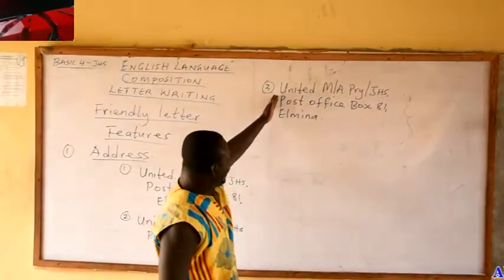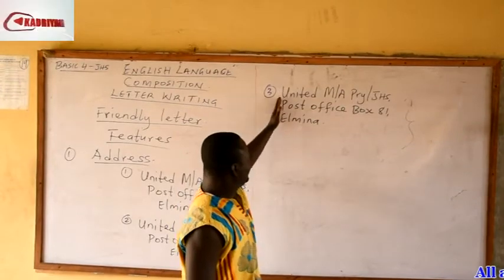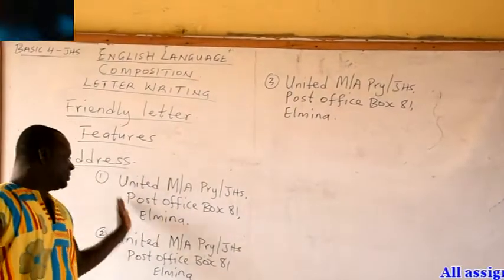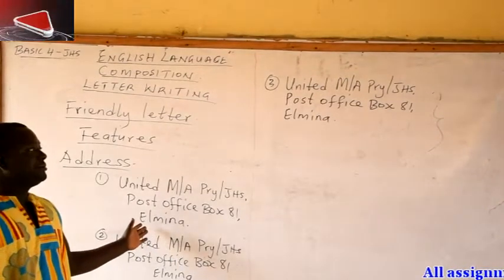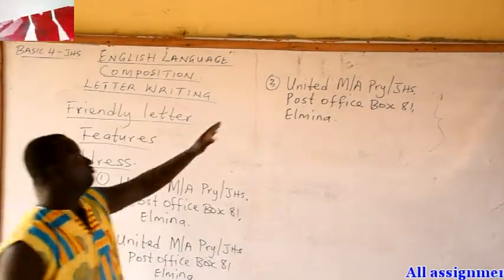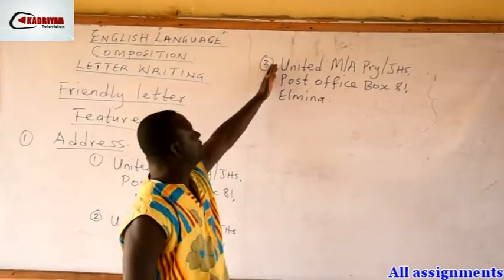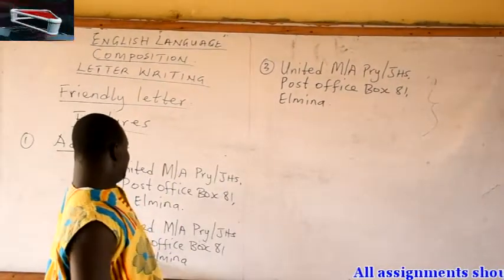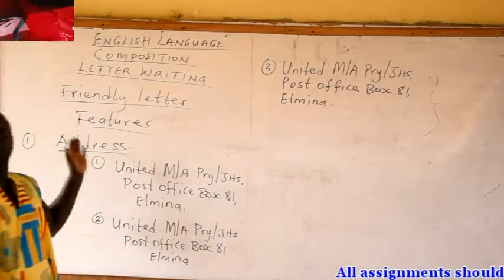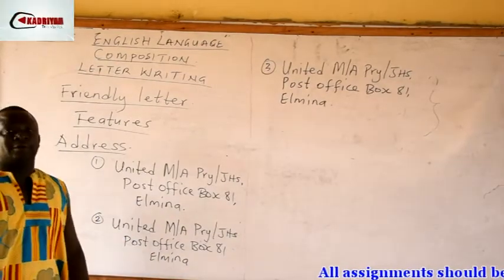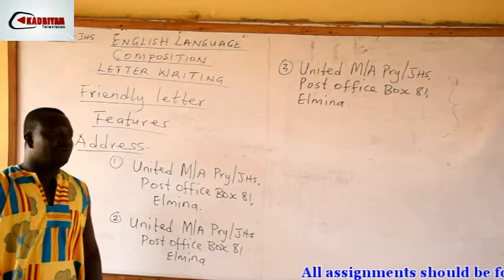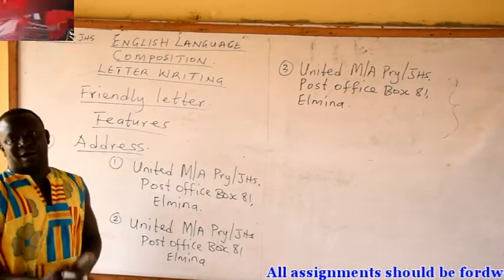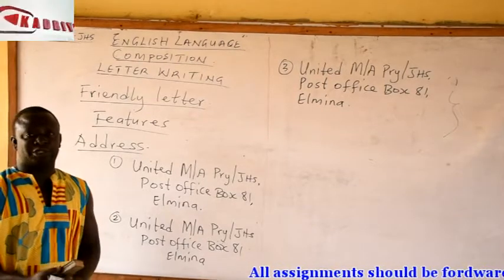So this one you can line up like this. You can use this one slanted. You can write this one without punctuating, like this one, but you just bring it here. It is correct. But what I wanted you to know is the one you punctuate and the one you will not punctuate.